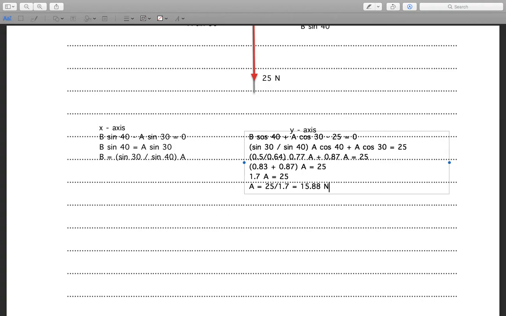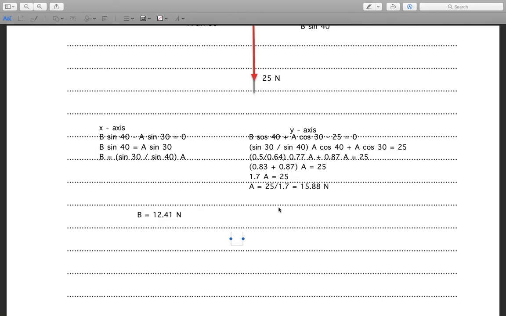So what about B? B is sine 30, which is a half, divided by sine 40, which is 0.64, times A. This is around 12.41 Newton.